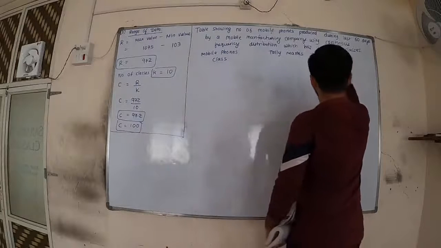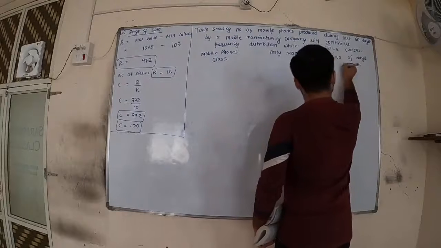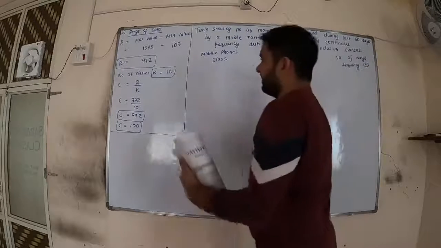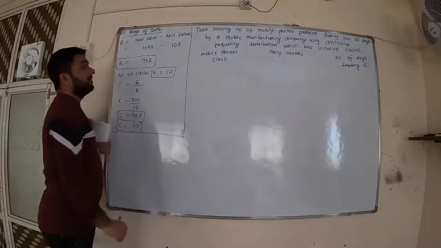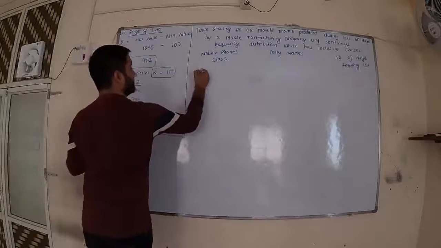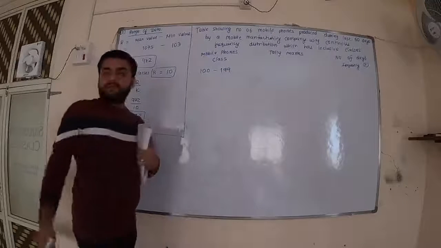Tally marks, number of days, frequency f. The lowest value is 103. So the first class will be 100 to 199. Why?